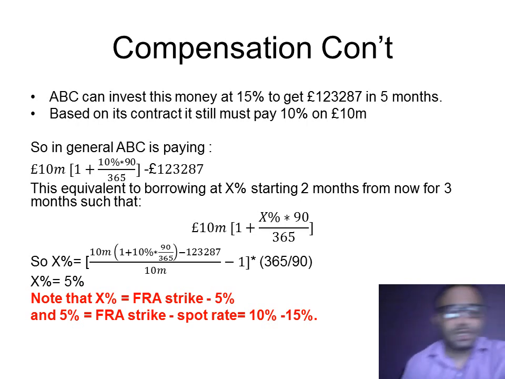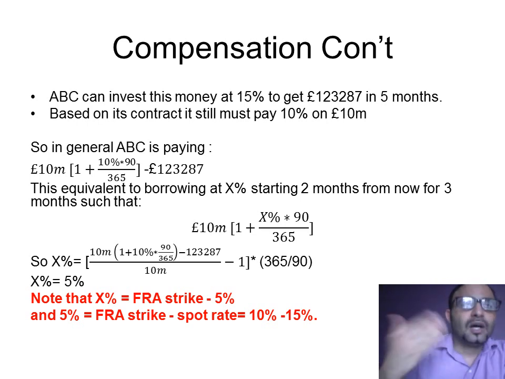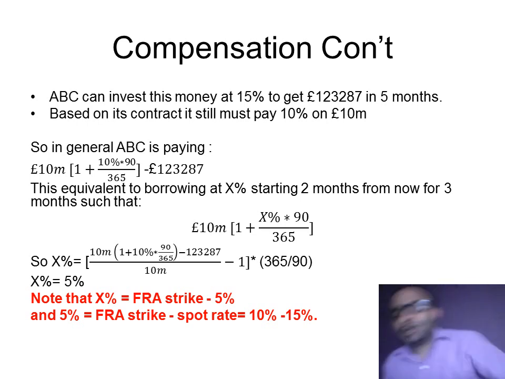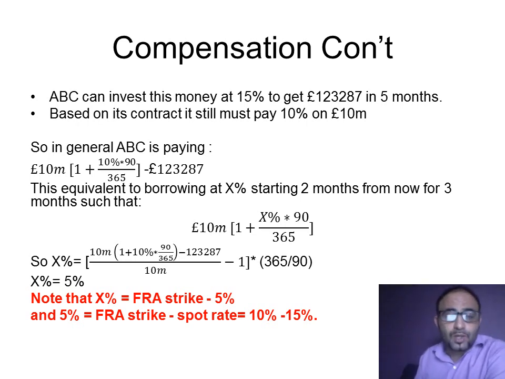So in general, ABC is paying 10 million times 1 plus 10% times 90 over 365, and then minus the amount that it received now, but that is actually made to its future value after 5 months, which is 123,287. So this is again equivalent to borrowing X% starting 2 months from now for 3 months, right? So that makes it 5% if we do a small calculation in there.